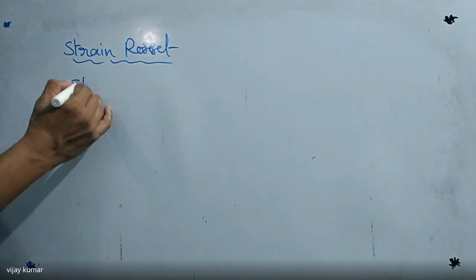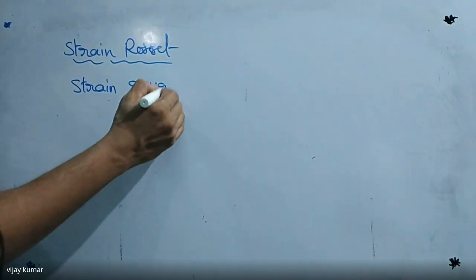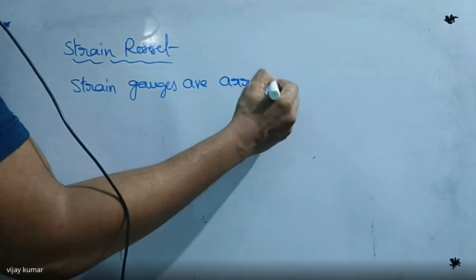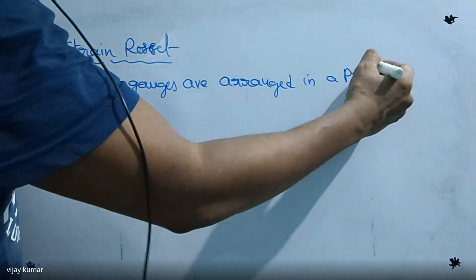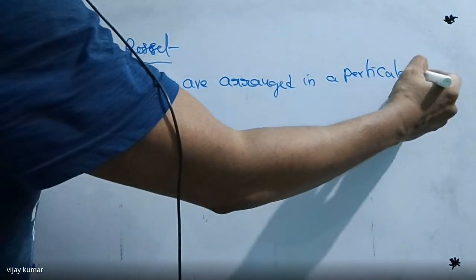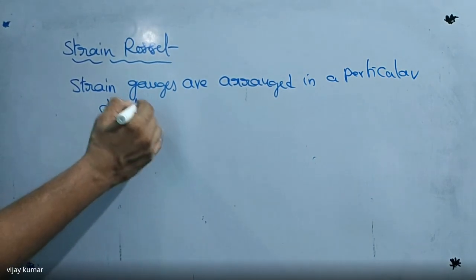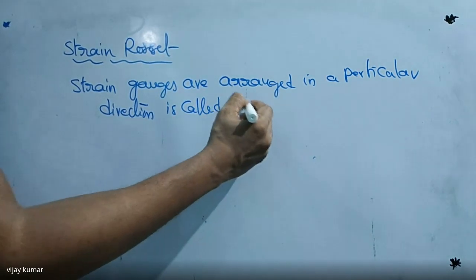So strain rosette is nothing but, listen carefully, strain gauges arranged in a particular direction is called a strain rosette.